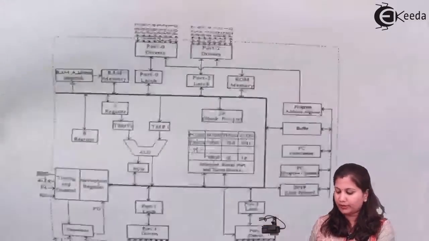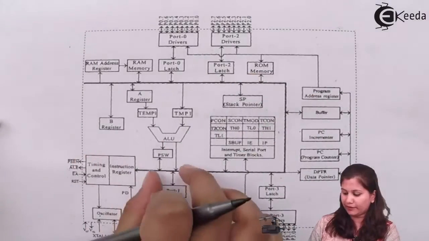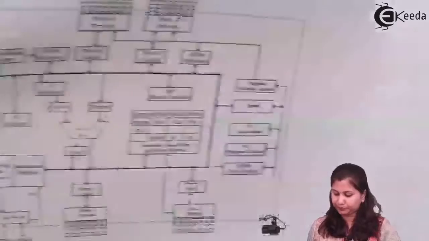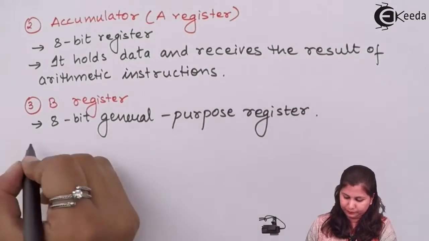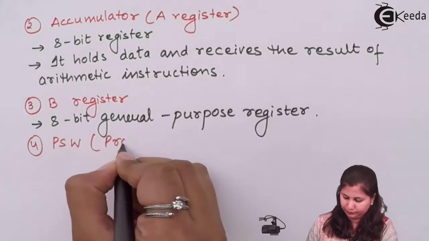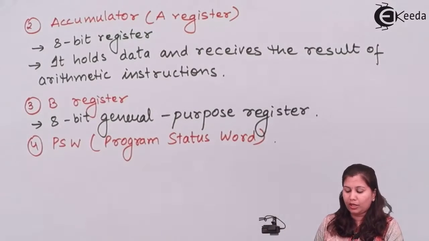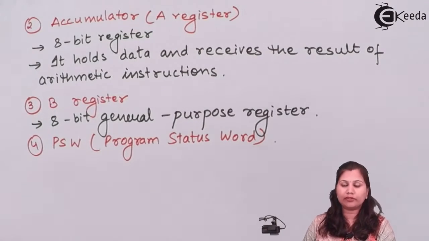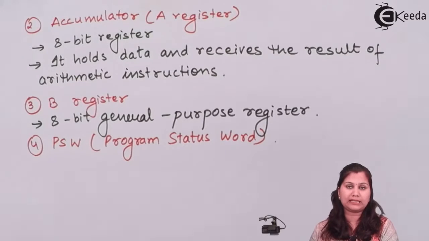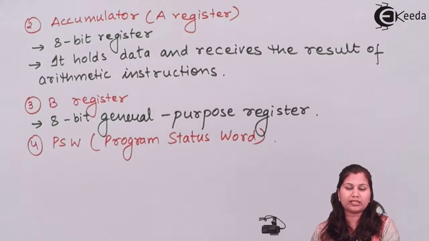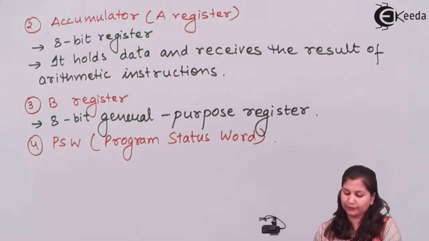Next block in this central processing unit is the PSW, that is the program status word. Now there are many instructions which implicitly or explicitly affect the bits of the registers. How these bits are affected by the result is shown by the program status word.